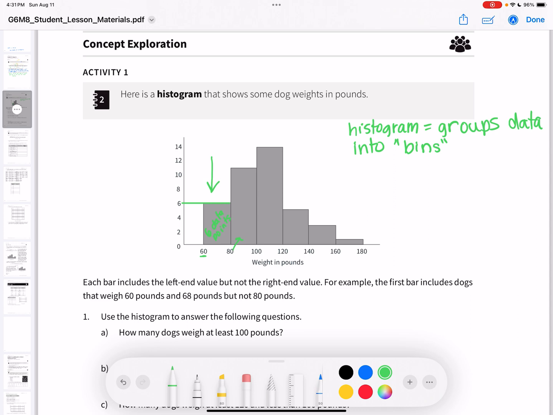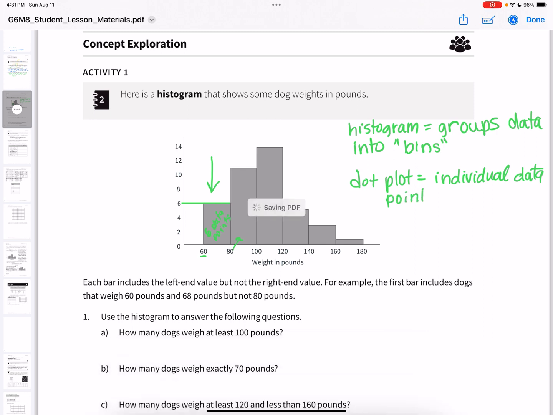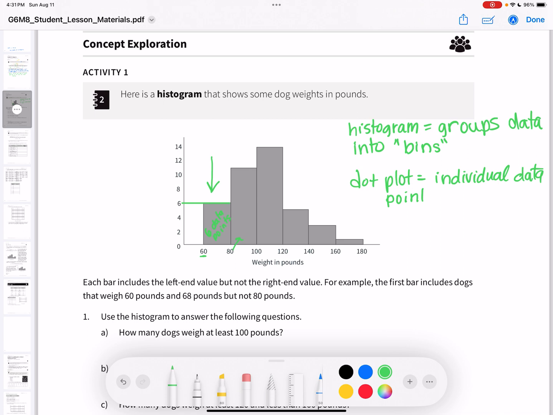So a dot plot has individual data points. Now there's a reason that we use dot plots or histograms. Histograms come in handy when there are so many data points that it's too hard to distinguish them on a dot plot. And we're going to see that today.